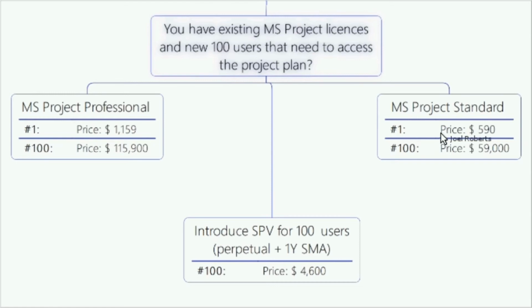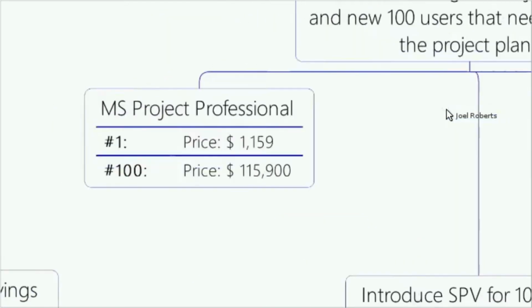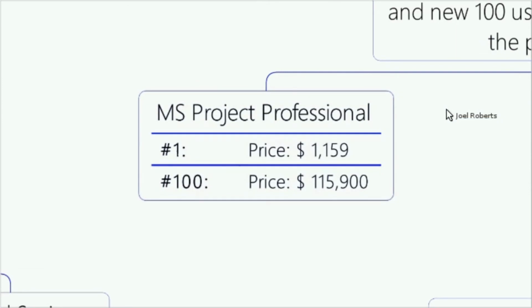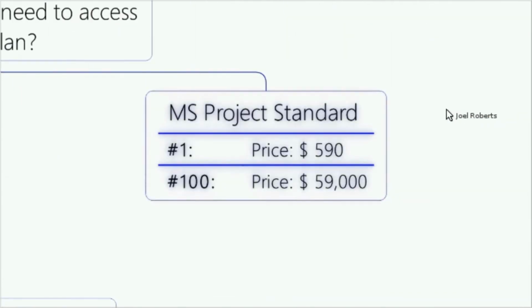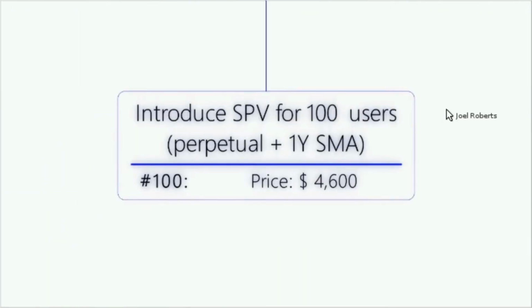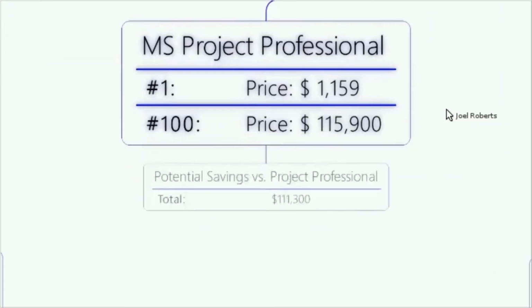And if you would like to cover them with Microsoft Project Standard, it would cost you 59,000 US dollars. But what we suggest as a solution is the following. Introducing Seavus Project Viewer to those 100 read-only users would cost you only 4,600 US dollars.